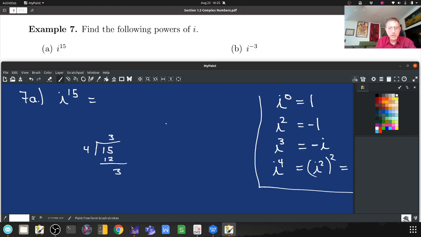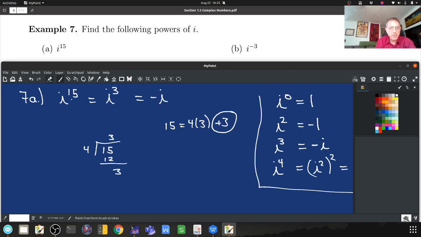In other words, 15 is equal to 4 times 3, which is 12, plus 3. So all I care about is the remainder. So that's the same as i to the 3rd, which is equal to minus i.